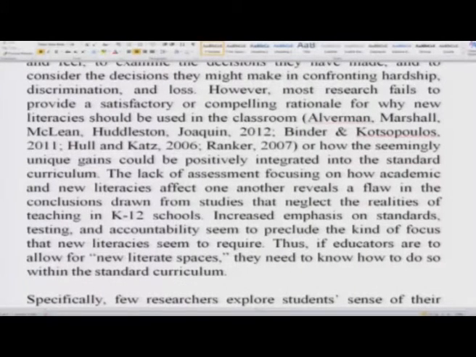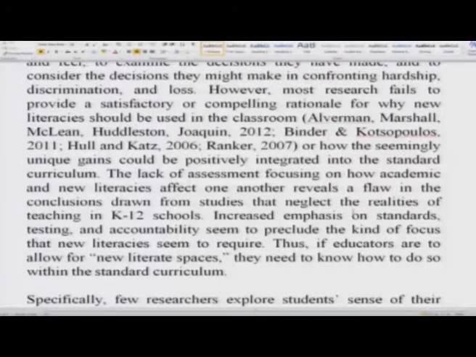Then some studies are cited here, or how the seemingly unique gains could be positively integrated into the standard curriculum. So, this is another gap in the studies. The lack of assessment focusing on how academic and new literacies affect one another reveals a flaw in the conclusions drawn from studies that neglect the realities of teaching in K-12 schools.